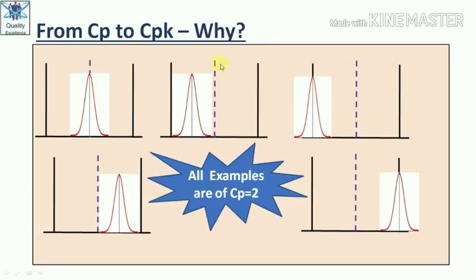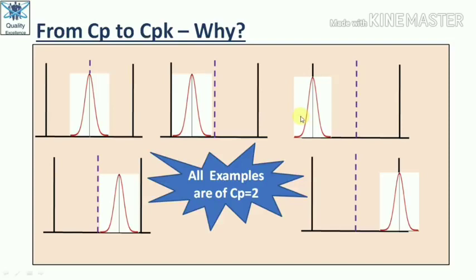So it is not showing the right picture of your process with respect to the specification. That is why CPK comes into the picture. And what is CPK? It is nothing but the centeredness of CP, or the centeredness of the process mean. What does it mean? How far is your process mean with respect to your target line or center line?